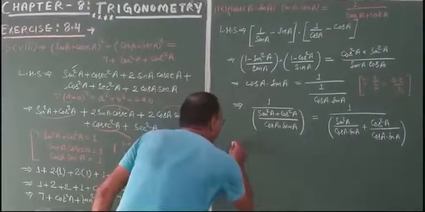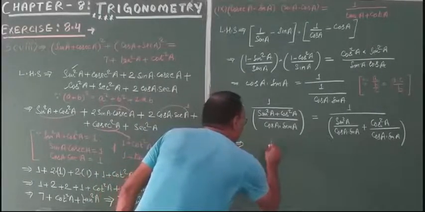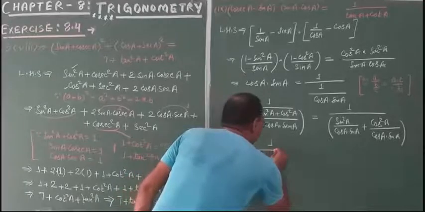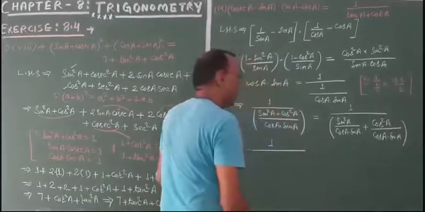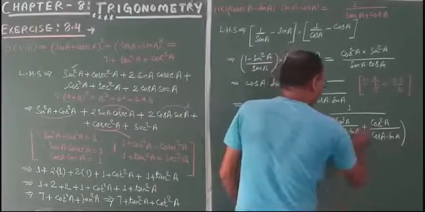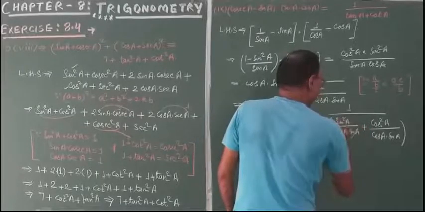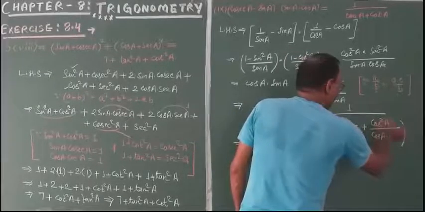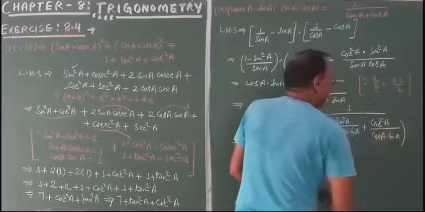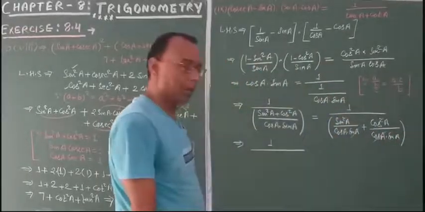Now 1 upon, just look here, what will be left here? This sin square A and this sin A will be cancelled. This cos square and this cos will be cancelled out.